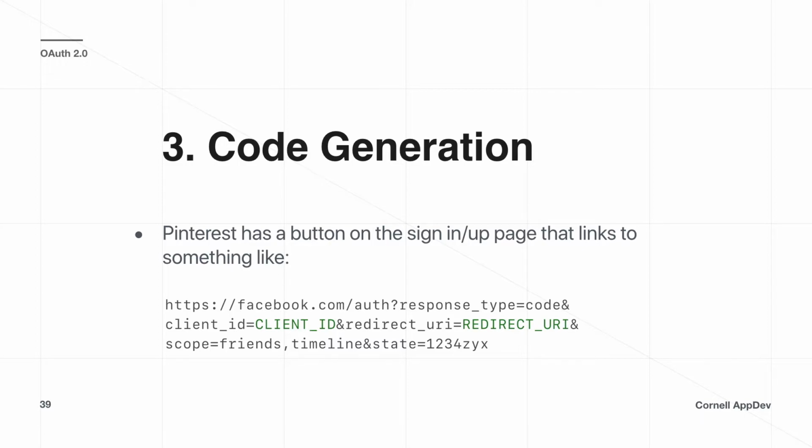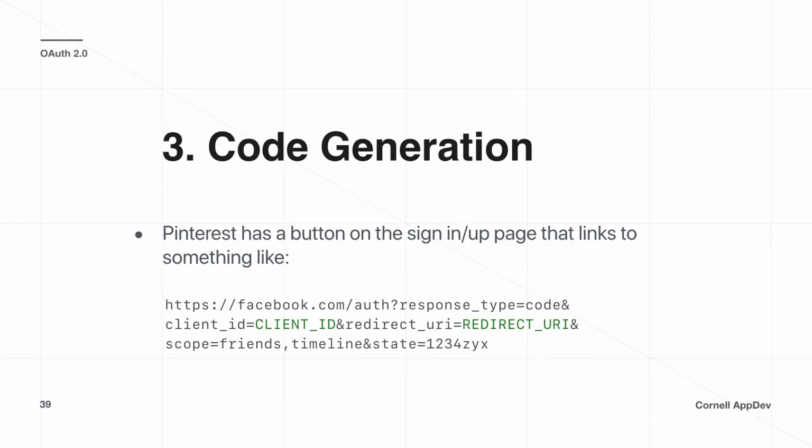So first of all, it's going to say that the parameter response type is a code. So Pinterest is expecting an authorization code to be given back by Facebook. It's going to send its client ID to tell Facebook, hey, it's me, Pinterest. And then it's also going to send the redirect URI saying, hey, go back to this link after you're done authorizing me.